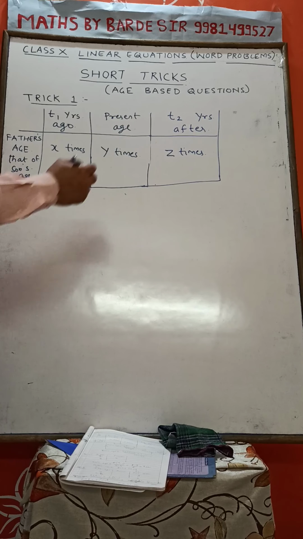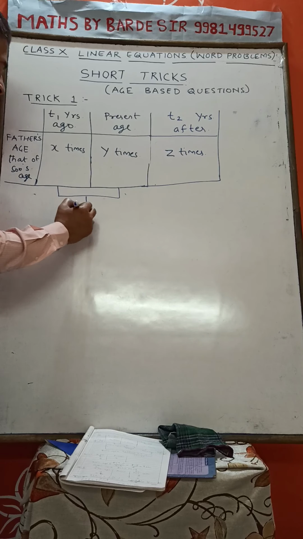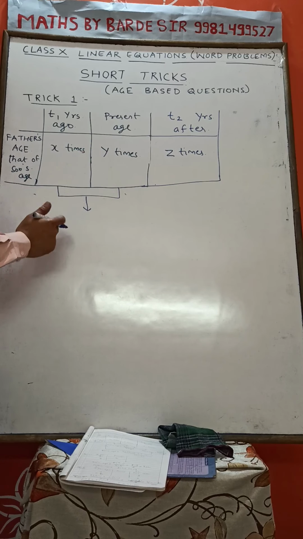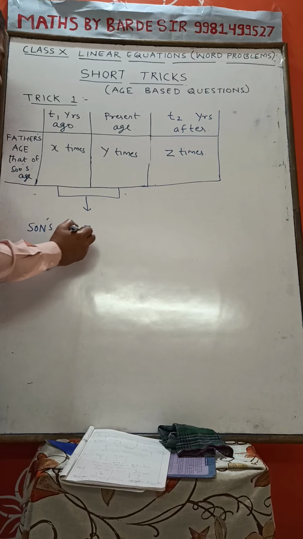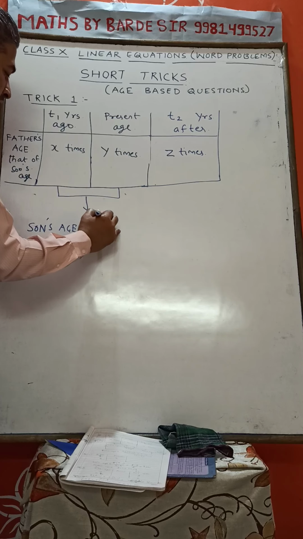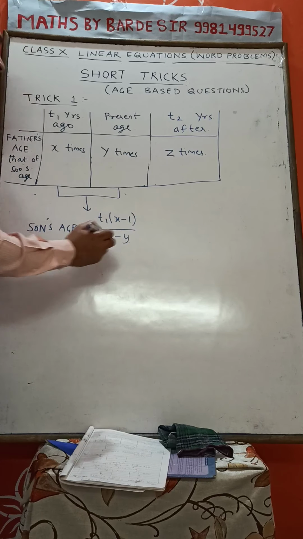For the earlier relation, we have written the formula: son's age is equal to T1 into x minus 1 upon x minus y.